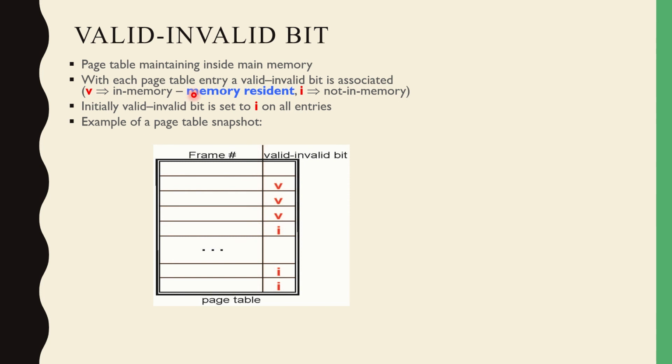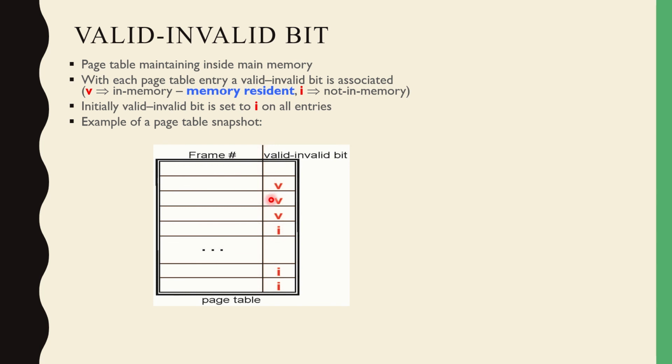Each page table entry has a valid and invalid bit. These are two types of protection bits: valid, denoted with V, and invalid, denoted with I. And these are the frame numbers.